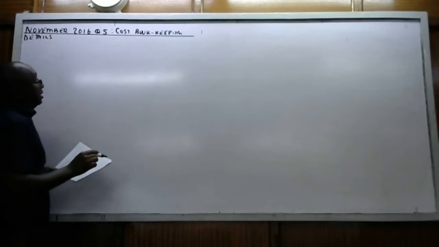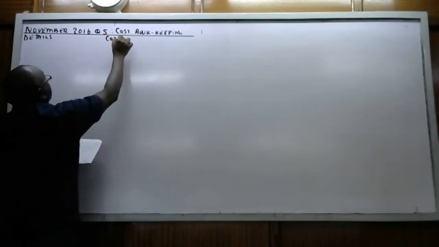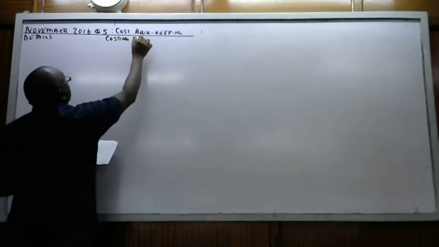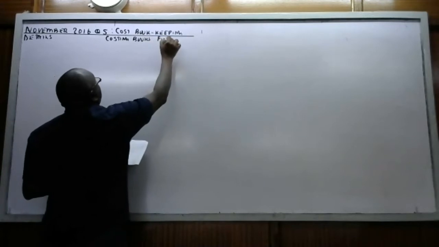So we are told to do the income statements. So we have details. We will have costing books and finance.